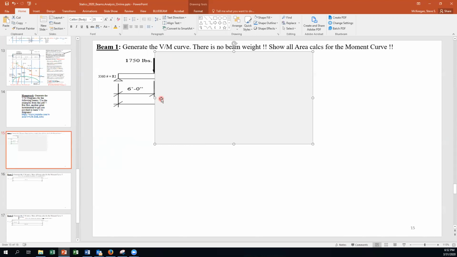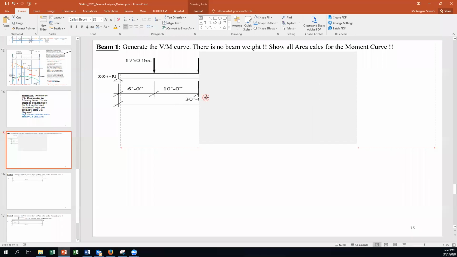What do I do now? Keep uncovering the beam. Nothing happens until what? 3200. Now on your calculator, minus 4200. What's that value of the shear curve?